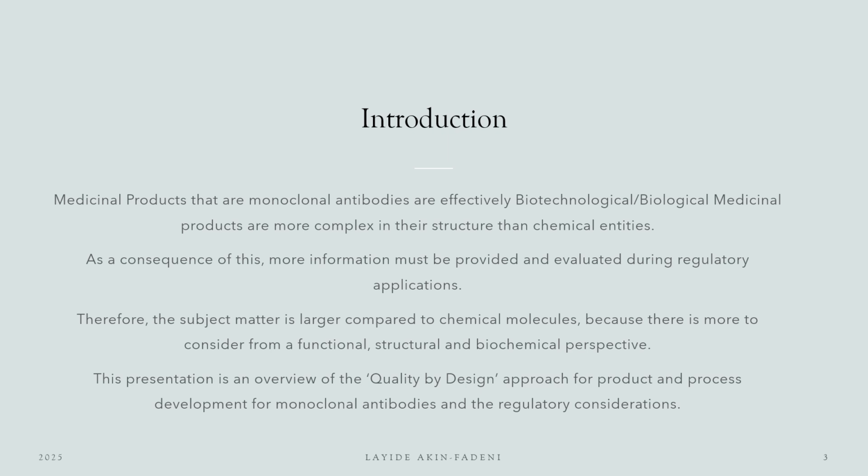The components that are used to manufacture biological medicines are themselves heterogeneous, and sometimes they are biological components themselves. Sometimes they're complex in their nature. For example, cell substrates that are used as the factories that manufacture monoclonal antibodies are quite complex.